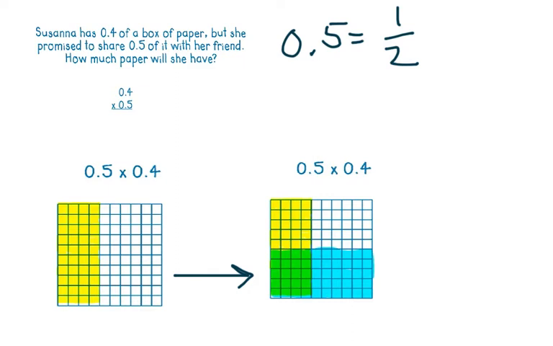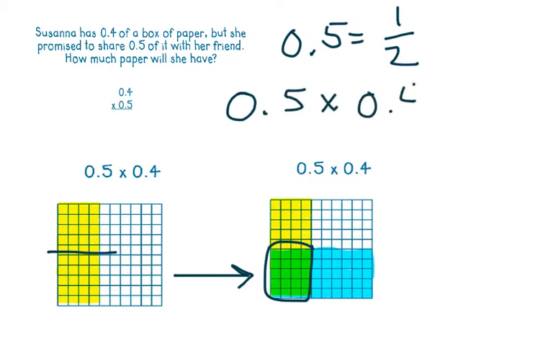So, the area model, 4 tenths, is essentially cut in half by the area model for 5 tenths to give a product of 20 hundredths, or 2 tenths. So, 5 tenths of 4 tenths is equivalent to 20 hundredths, or 2 tenths. You can simply drop the trailing zero.